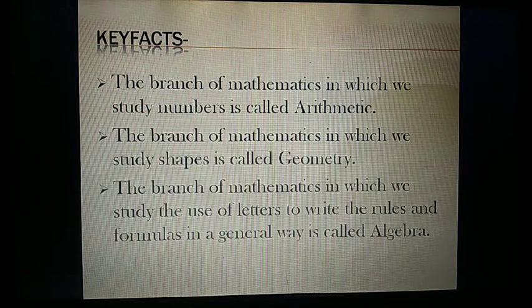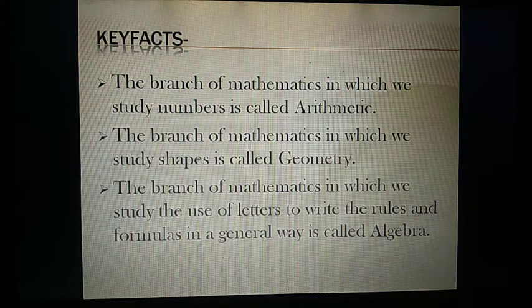Whereas the branch in which we study the use of letters to write the rules and formulas in a general way is called algebra. In this chapter, we will learn to use letters to write rules and formulas in a general way.